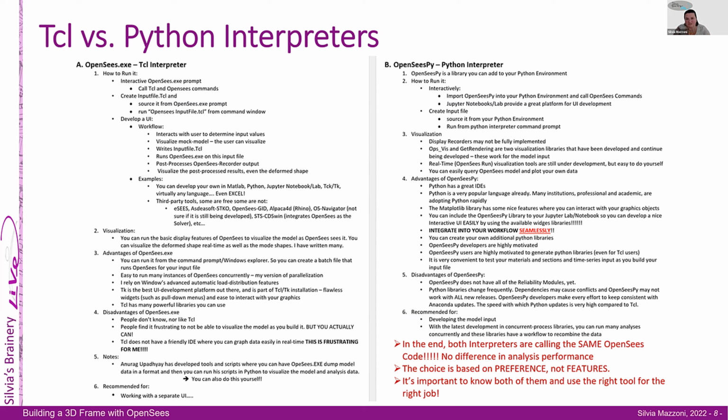And so there's advantages and, quote unquote, disadvantages for both. What I like about the Tcl version, it's a self-contained executable. You download it and you don't need to do anything else. The Python version is great because you can always download the latest. You're always working with the latest version.